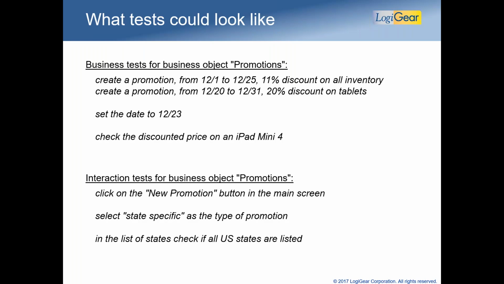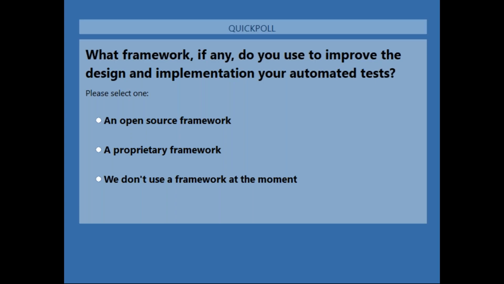Okay, maybe it's a good time to do another poll now to talk about what kind of frameworks and tools you're actually using right now. And then I would like to give it to Titus to show us how to actually do this. So here is the poll question.